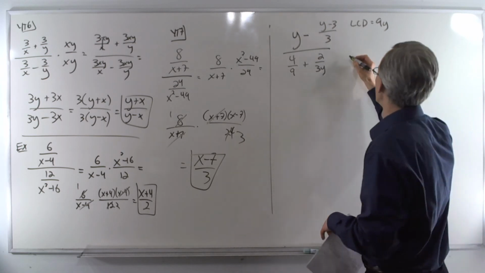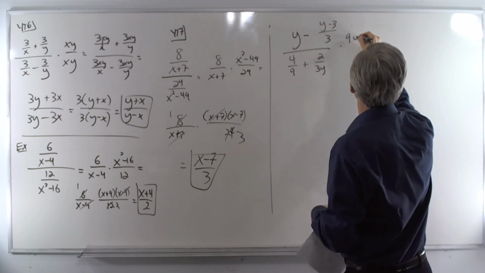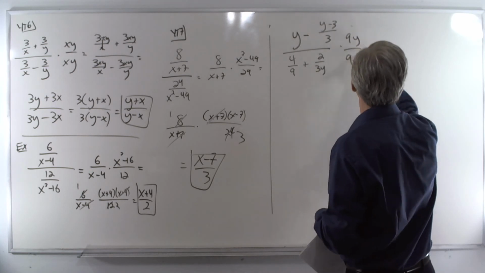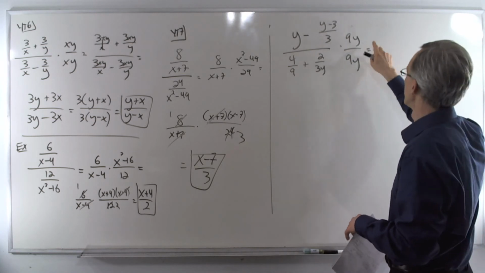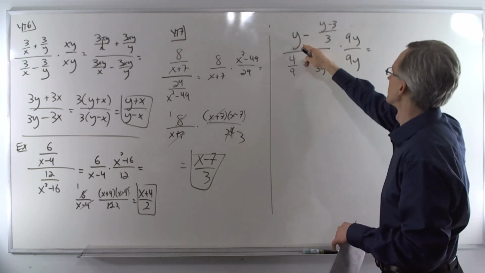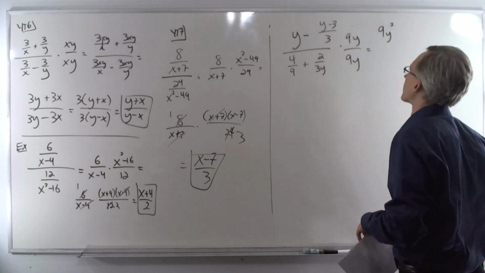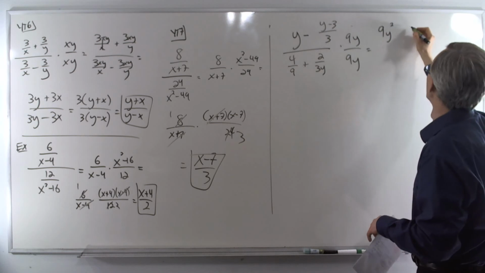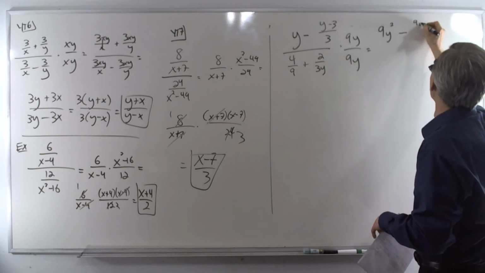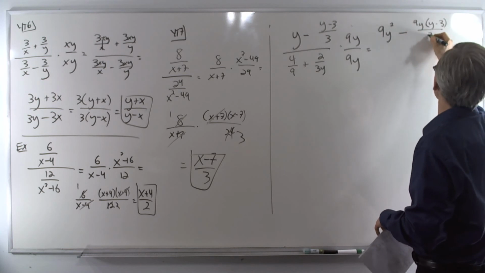So if we want to multiply these, oops, let me get rid of that. Well, if we want to multiply by 9y over 9y, it's going to remove a lot of this complexity. All right, now we'll distribute in. 9y times y is 9y squared. And here, we're going to do 9y times y minus 3 over 3.